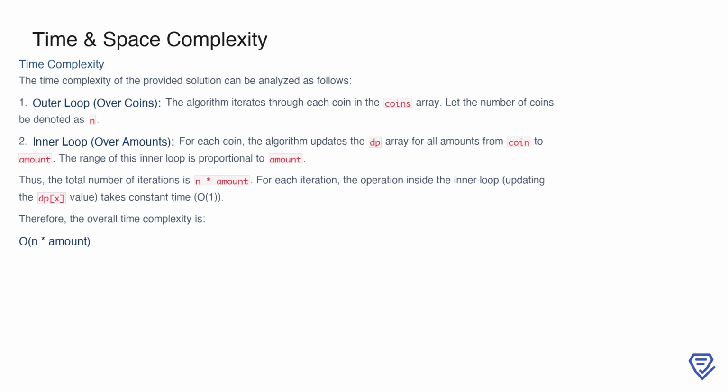Since every iteration of the inner loop involves a simple update to the dp array, which is a constant time operation, the total number of operations is the product of the outer loop and inner loop iterations. This gives us a total time complexity of n * amount, where the algorithm scales with both the number of coins and the target amount. This efficiency stems from the linear processing of amounts for each coin, avoiding redundant calculations.